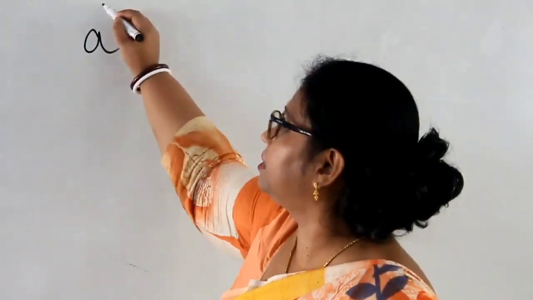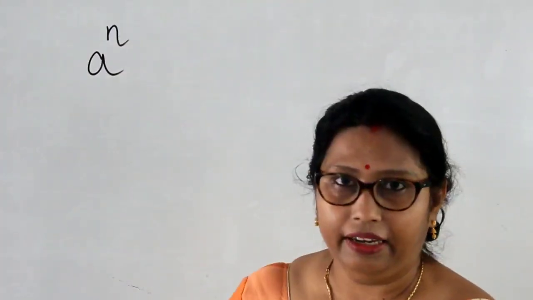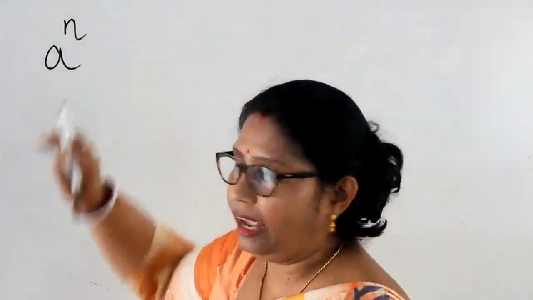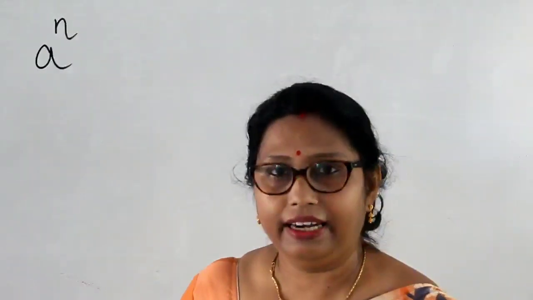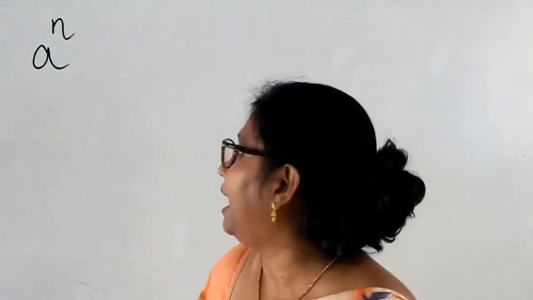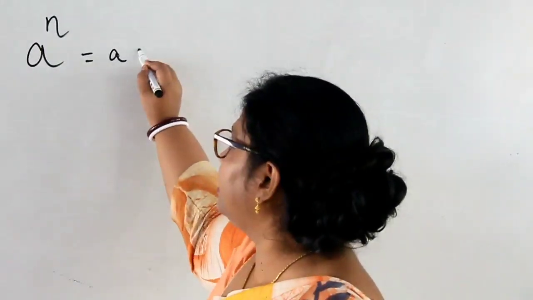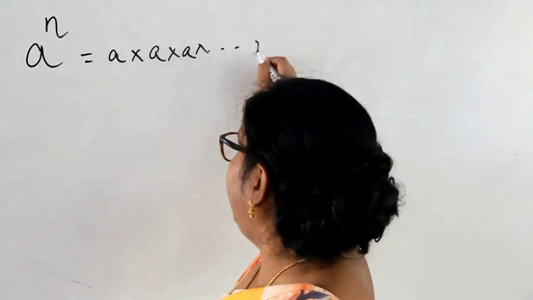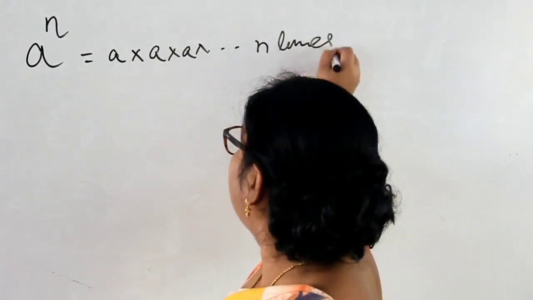First of all, if I write a to the power n, where a is a real number and n is any non-negative integer, that means a is multiplied with itself n number of times.